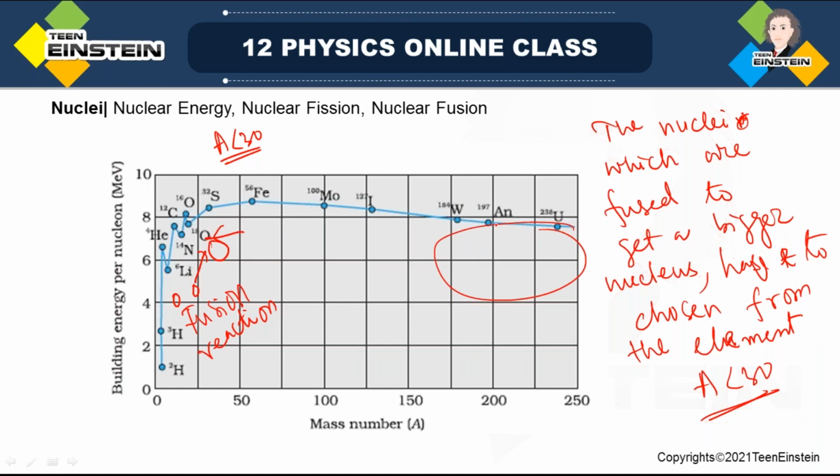So for nuclear fission and fusion, we have now understood how the binding energy per nucleon curve helps you understand which region is suitable for nuclear fission and which region is suitable for nuclear fusion.